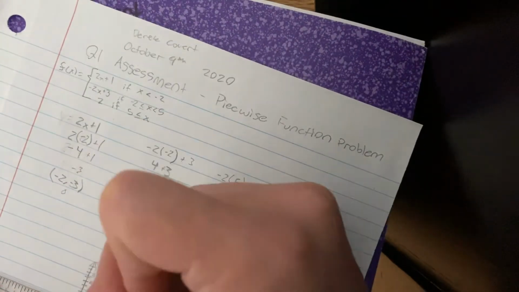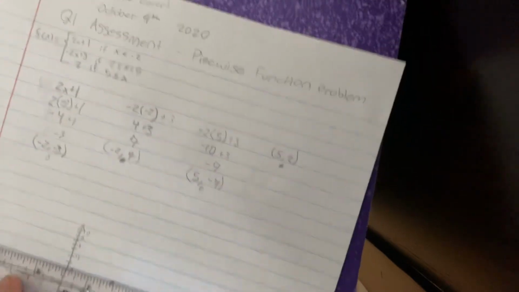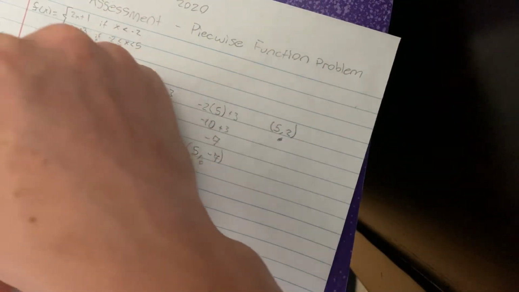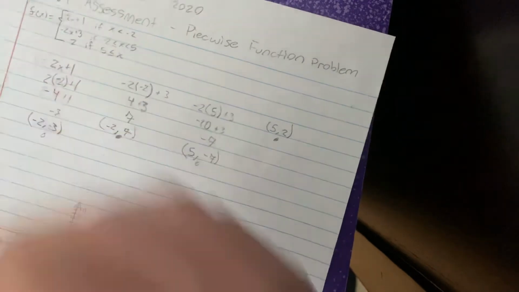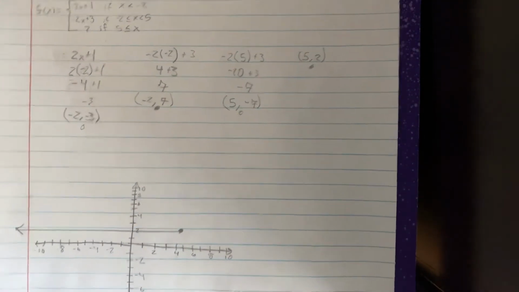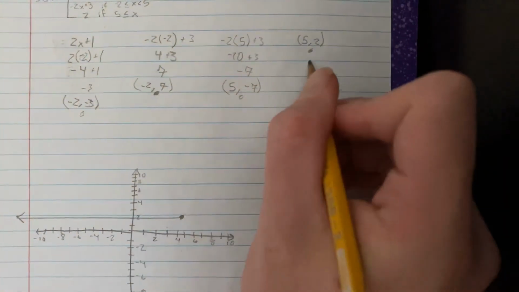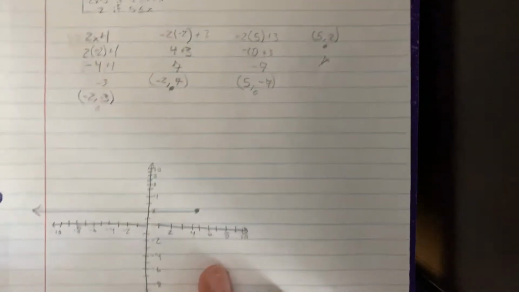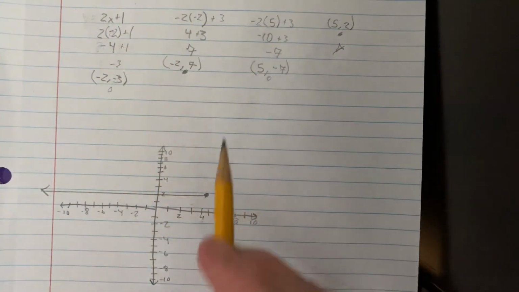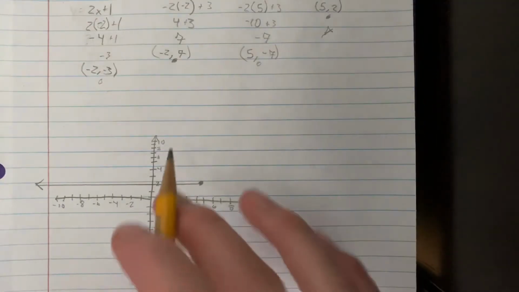I'm pretty sure that means that my graph goes that way forever. I think it'll go that way. And since that one is done, I'll just put a star down.